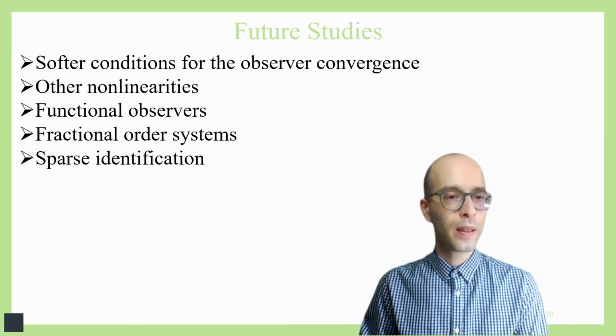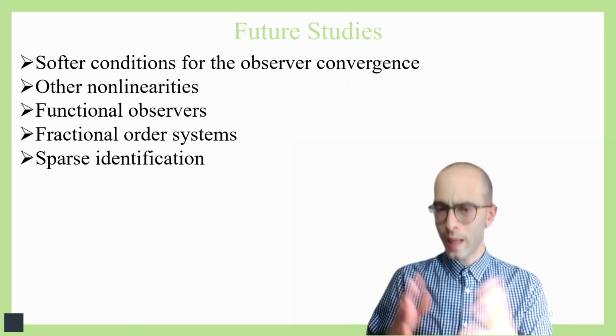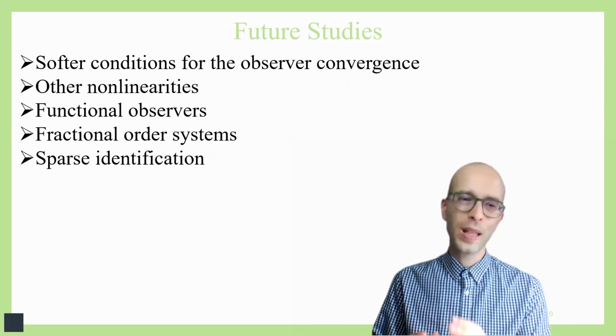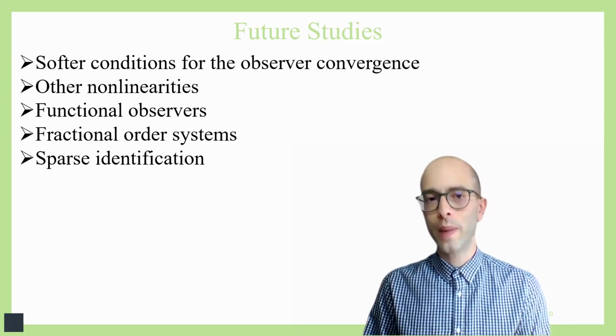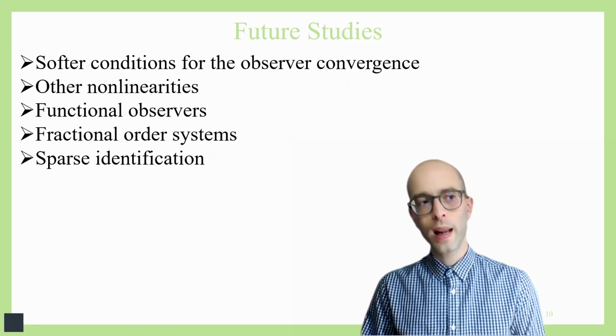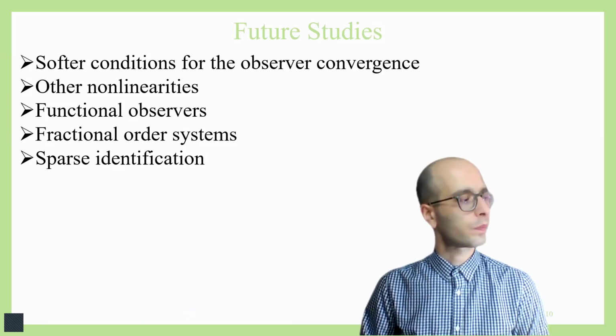Unfortunately, these conditions are a bit tough to satisfy in practice. So mathematically, the observer is obviously correct, but in practice, we saw that sometimes it is very difficult to find appropriate matrices that satisfy these algebraic conditions. So if possible, we can derive observer design with softer conditions. This is a very interesting problem.